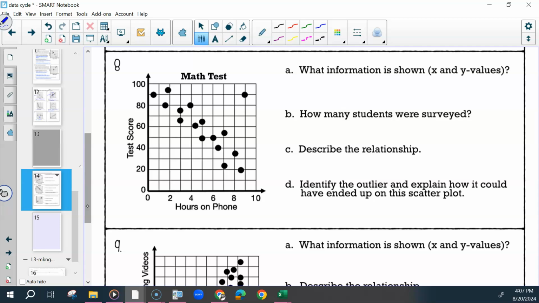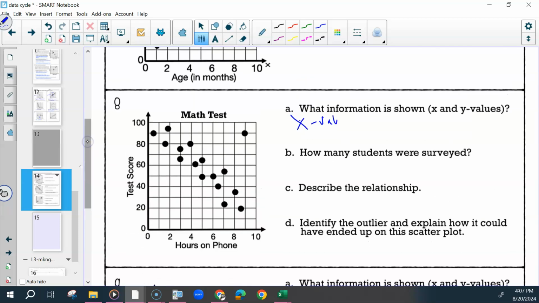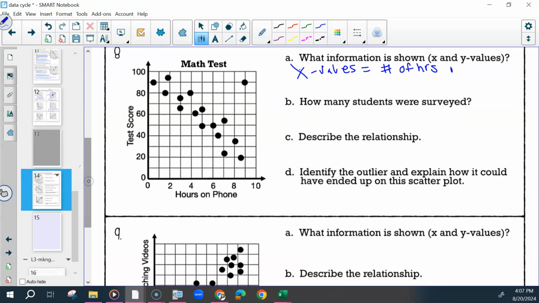So here it asks what information is shown about the X and the Y values. The X values are the number of hours on the phone. And then the Y values would be the test scores.